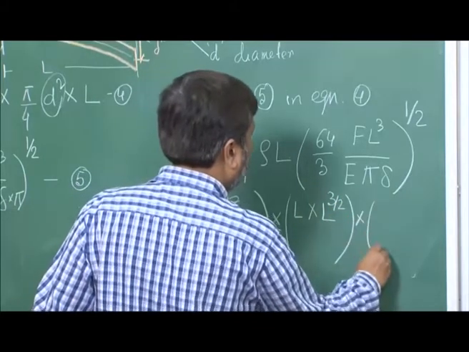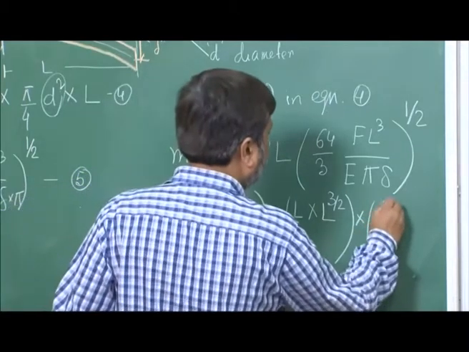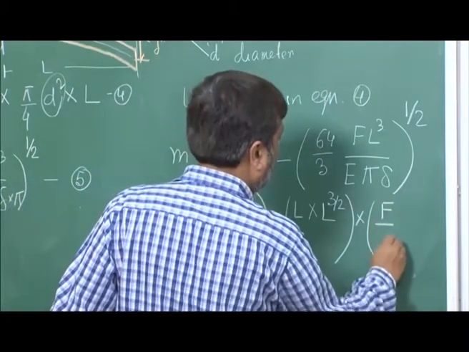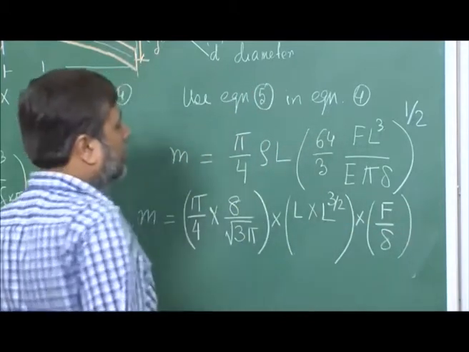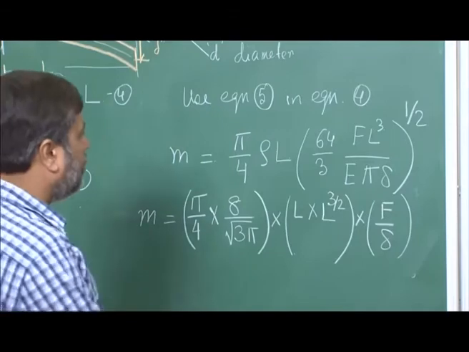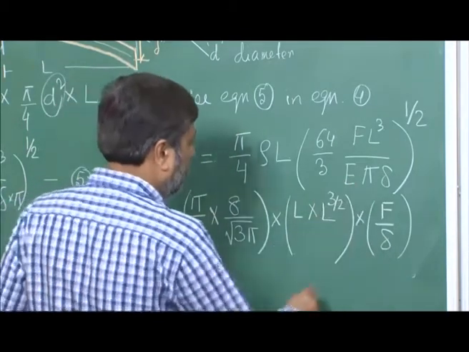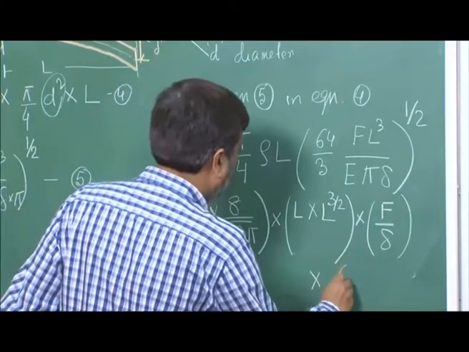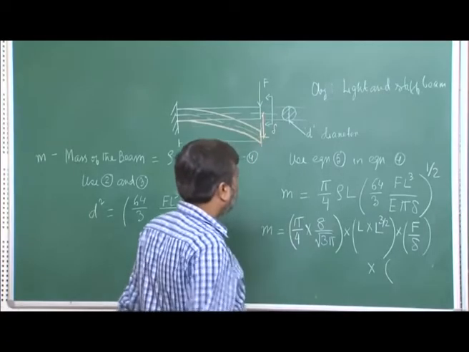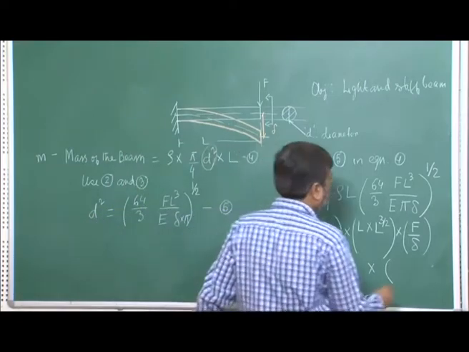We have some functional parameters. What is it? That is F over delta. The force is given to us and the maximum deflection is also given to us. Now, if I take these things apart, what remains is the material property of the system.